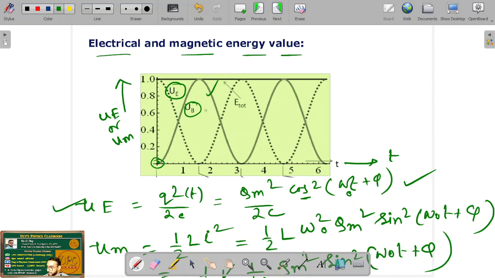The total energy is constant, which is Qm²/2C. Whenever the electrical energy is maximum, the magnetic energy becomes minimum. Similarly, whenever the magnetic energy is maximum, the electrical energy becomes minimum, so that the sum, the total energy, becomes constant, equal to Qm²/2C.